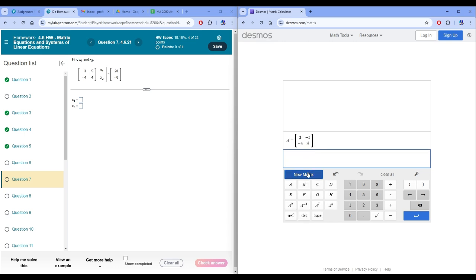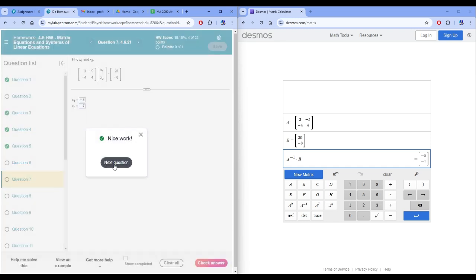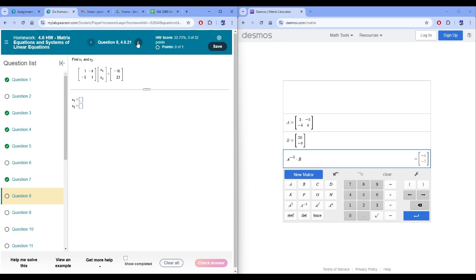The new matrix is 2 by 1, which is going to be 20 and then -8. Enter. And then I need A inverse times B, which gives me -5, -7. Because I'm multiplying from the left, I have to multiply it by the inverse on the left. Straightforward. Literally the same exact thing.